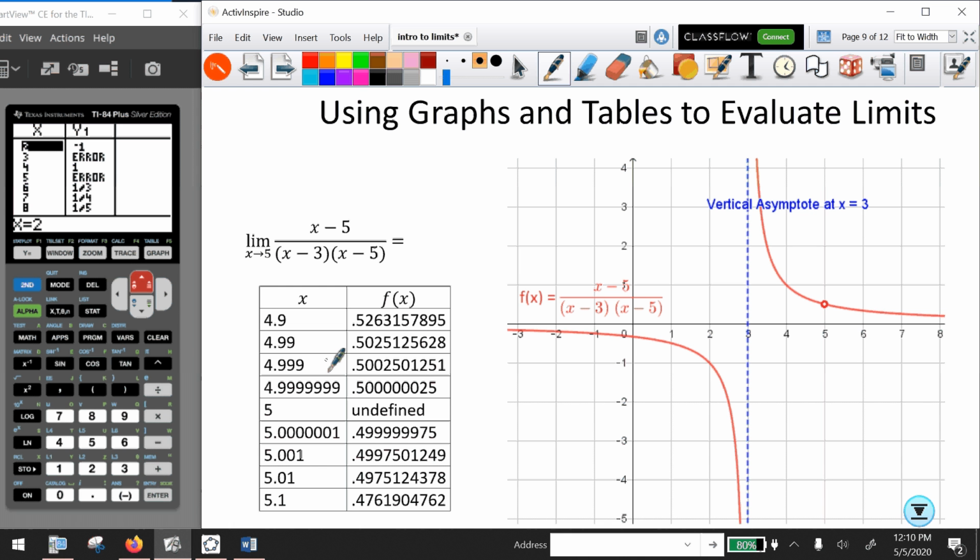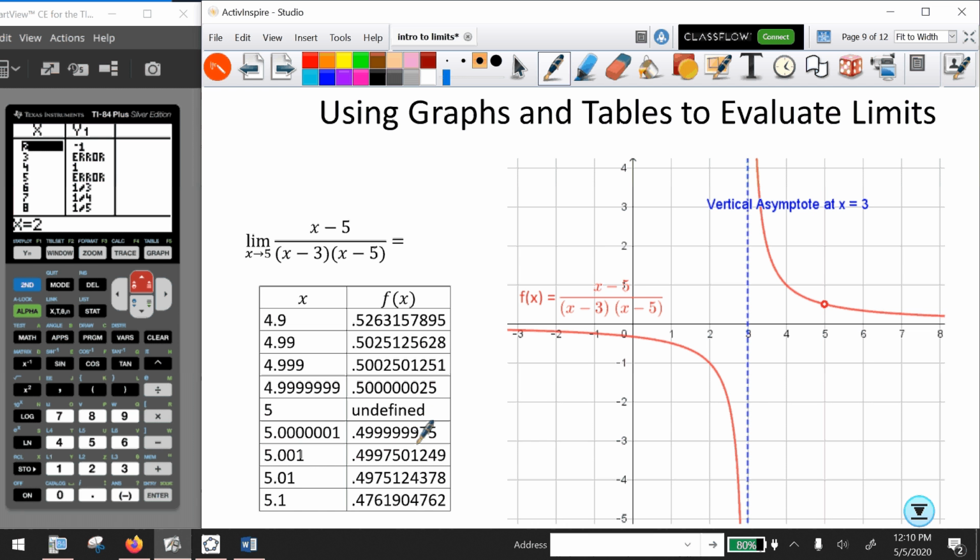All right, now let's explore what happens as we approach 5 from the right side. As we get closer and closer to 5, 5.1, 5.01, 5.001, 5.0000001, this is getting closer and closer to 0.49999, which is really close to 0.5, right?